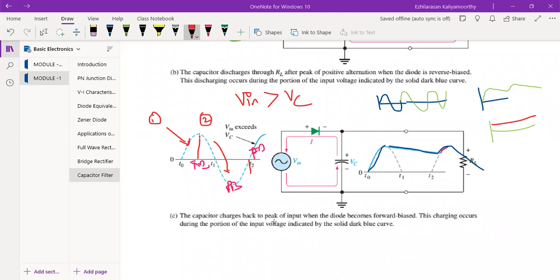Generally the ripple is undesirable. So the smaller the ripple, the better the filtering action.